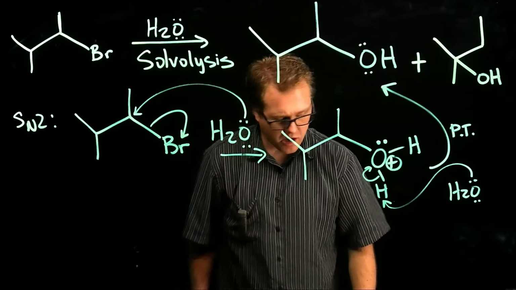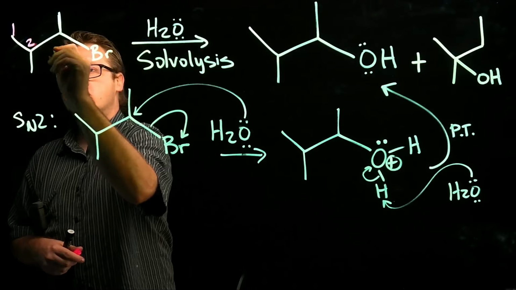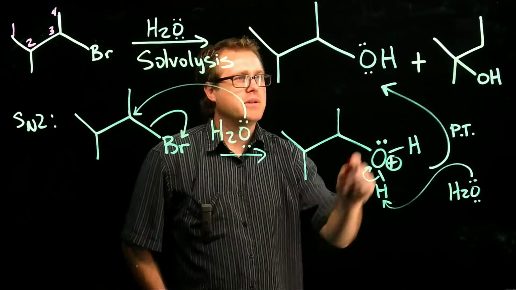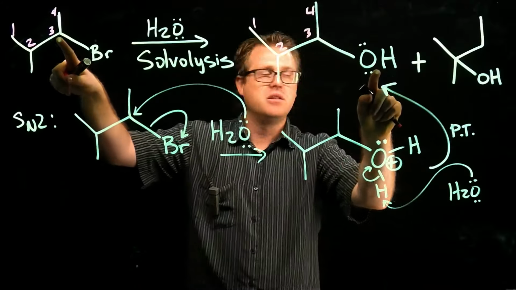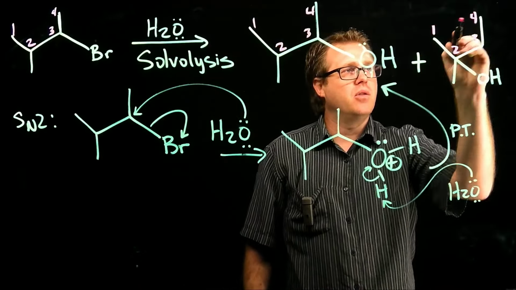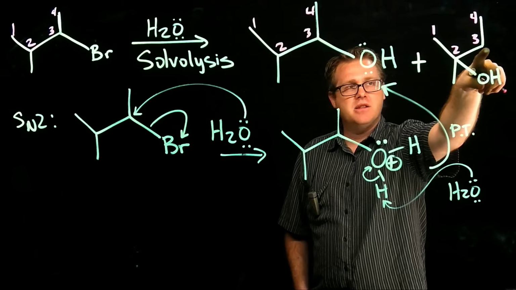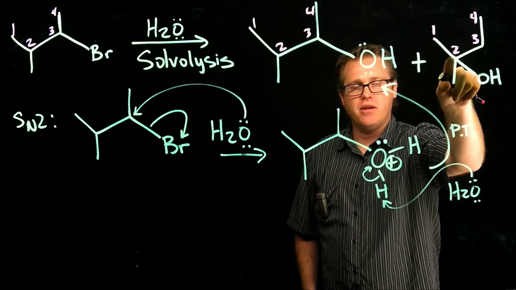If we number the carbons, 1, 2, 3, 4. What do we see over here? 1, 2, 3, 4. So that makes sense. The bromine was attached to carbon 3, so that's where you do the substitution. But here, 1, 2, 3, 4, you see how carbon 3 no longer has the bromine or the OH, but the OH is now over here.